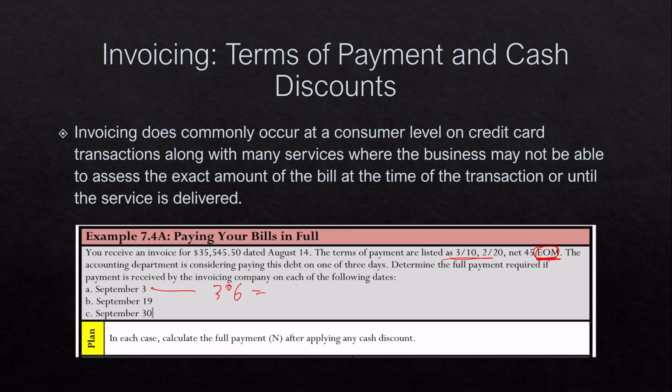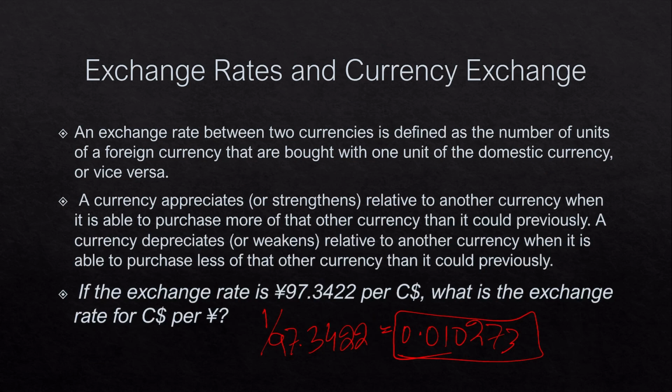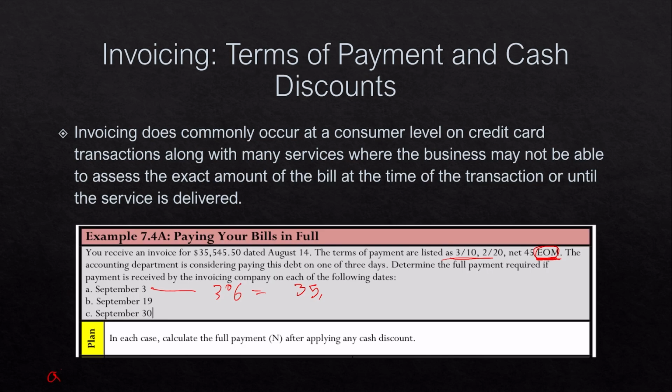So we can calculate it like this. In case of A, we apply 35,545.50 times 0.03.